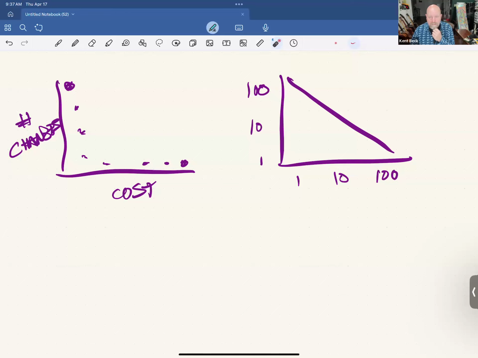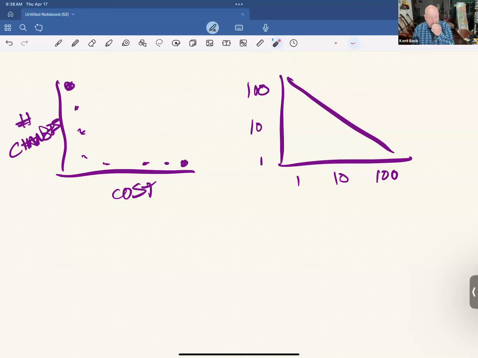If you tell me the speed of your 10 slowest tests, I can tell you how many test cases you have, because I plot here, here, here, and then I extrapolate back and I can tell you to within reasonable accuracy how many test cases you have total. This is a power law distribution.